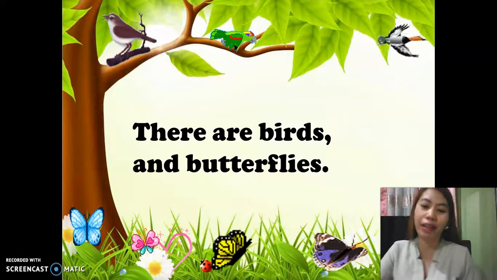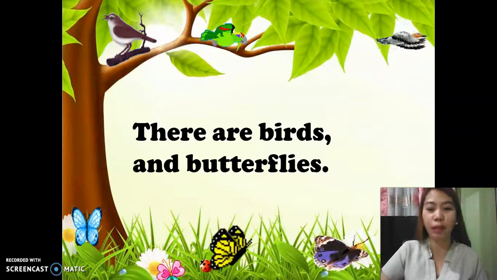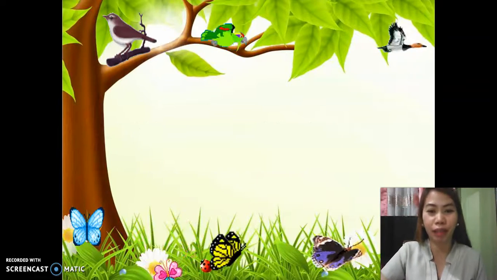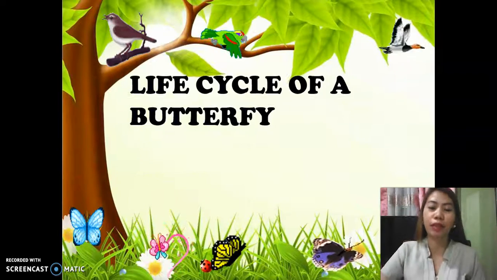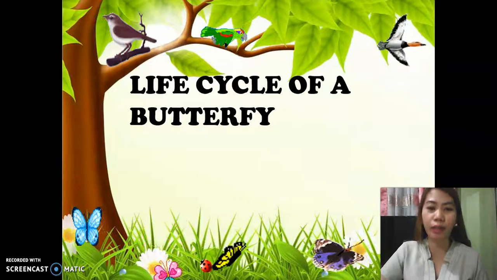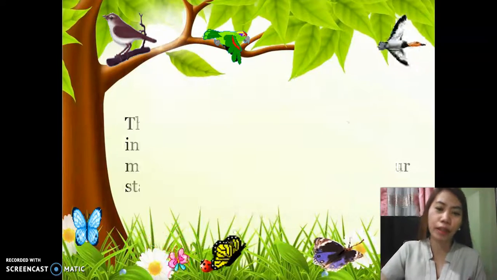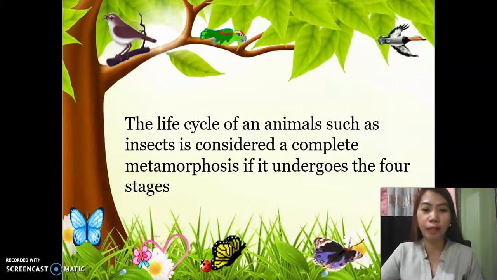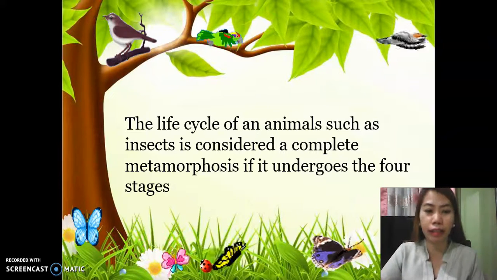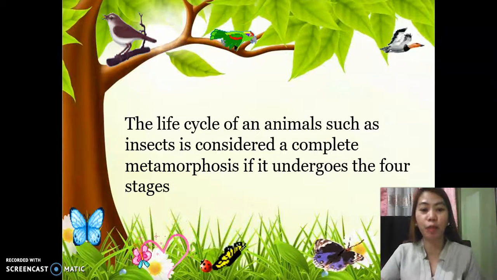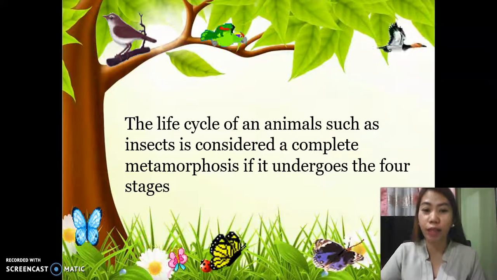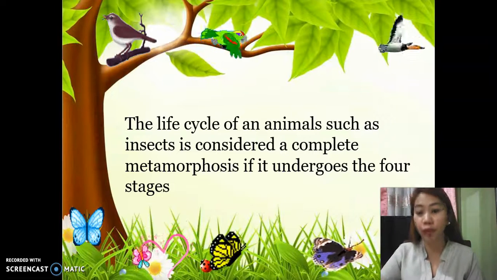Sounds exciting, right? So everybody knows about the butterfly. Am I right? Now, we're going to discuss the life cycle of a butterfly. When we say life cycle, the life cycle of an animal such as insects is considered a complete metamorphosis if it undergoes the four stages.